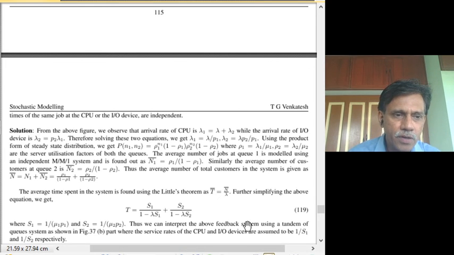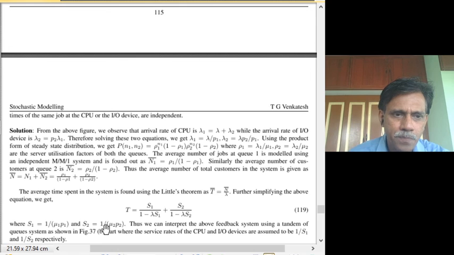If S1 is the effective arrival rate, we can see that rho 1 is given by lambda 1 by mu 1, but you know that lambda 1 is equal to lambda by P1. So in place of S1 into lambda, if you put it, it is lambda by mu 1 P1.